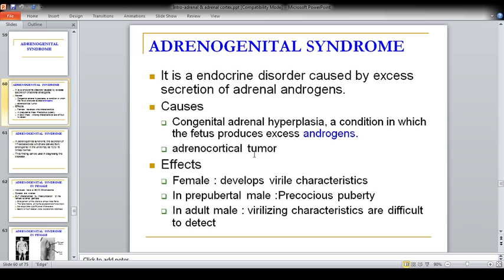So if these cells start multiplying uncontrollably, that is, there is no limit to their multiplication and the body cannot stop them from multiplying any further, that is known as a tumor, a growth, neoplasia: formation of new cells which cannot be controlled by the body. It is a pathological phenomenon, it is a disease.